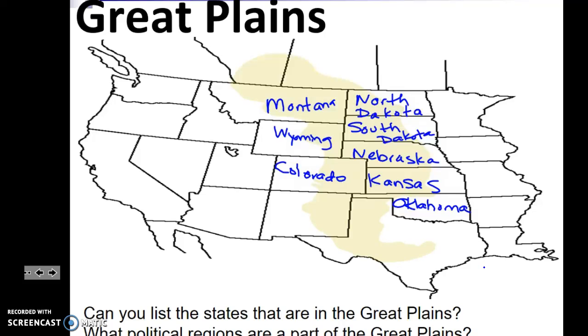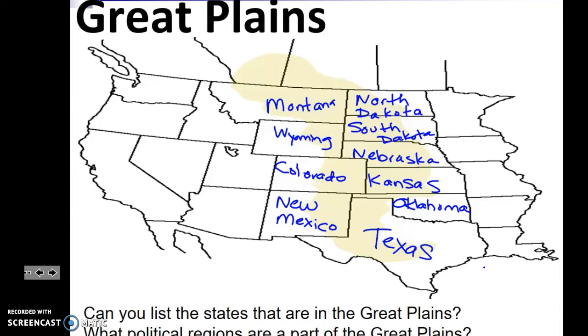And then you have Texas, the great state of Texas, which the Great Plains goes through. And then you have New Mexico. So we have Montana, North Dakota, Wyoming, South Dakota, Nebraska, Colorado, Kansas, New Mexico, Oklahoma, and Texas. Those are states that have the Great Plains in them. What political regions are part of the Great Plains?